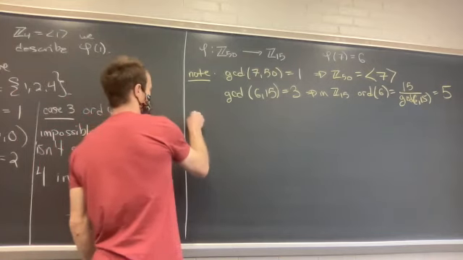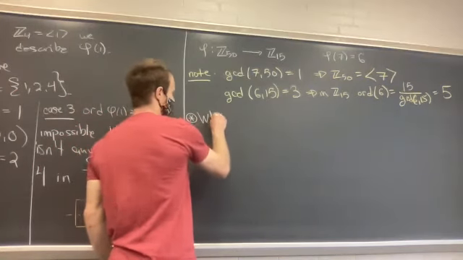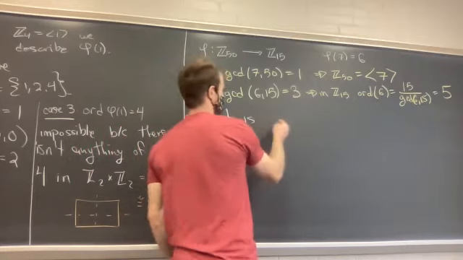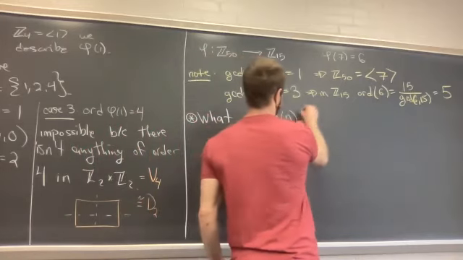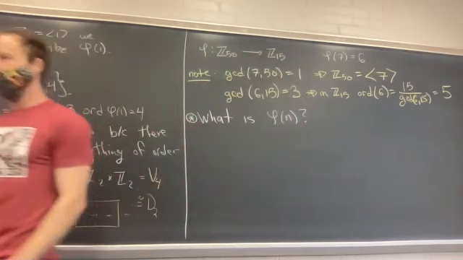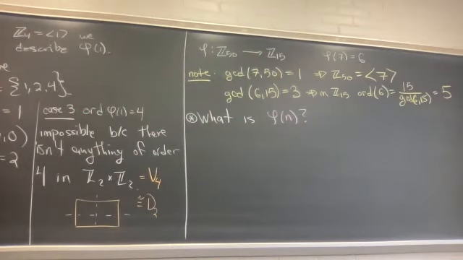So let's say our first question is this: what is phi of n? We know what happens to phi of 7, but we want to know what happens to phi of n.